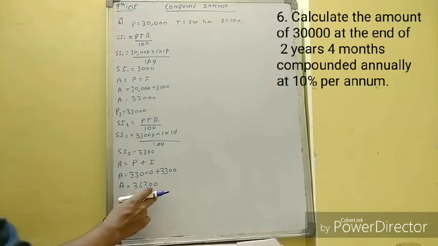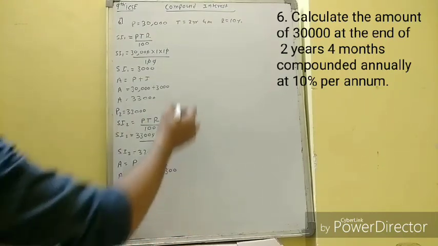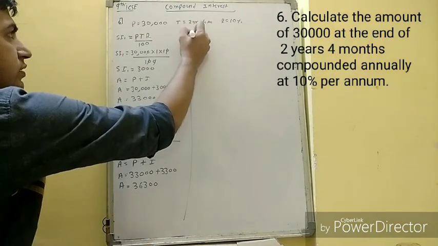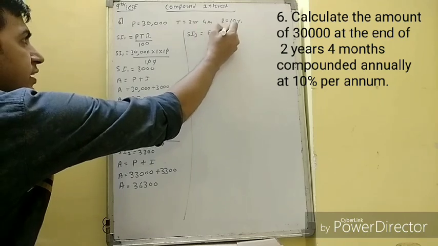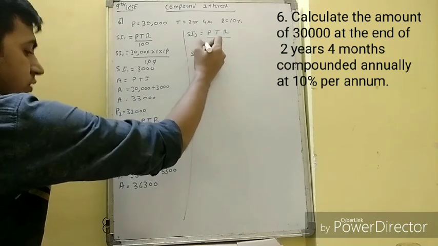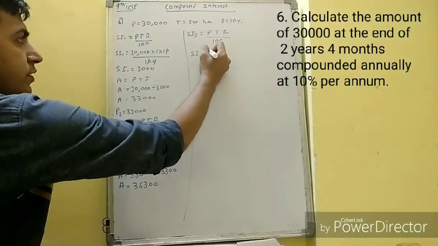So the amount is equal to 36,300. Now this is the amount which will be used for the next term. So we have only 4 months. So the third simple interest will be PTR upon 100. But now the principal is 36,300.